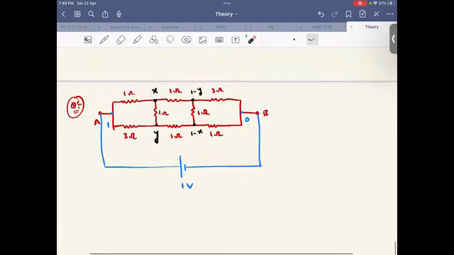Earlier, when this was not there, you told me the same current flowing here must flow here. As both are the same resistors with the same current, the potential drop must be the same. This node has potential 1 and this node has X, so 1 minus x is the potential drop. Since 0 is here, 1 minus x must be here, and in a similar way 1 minus y is here.